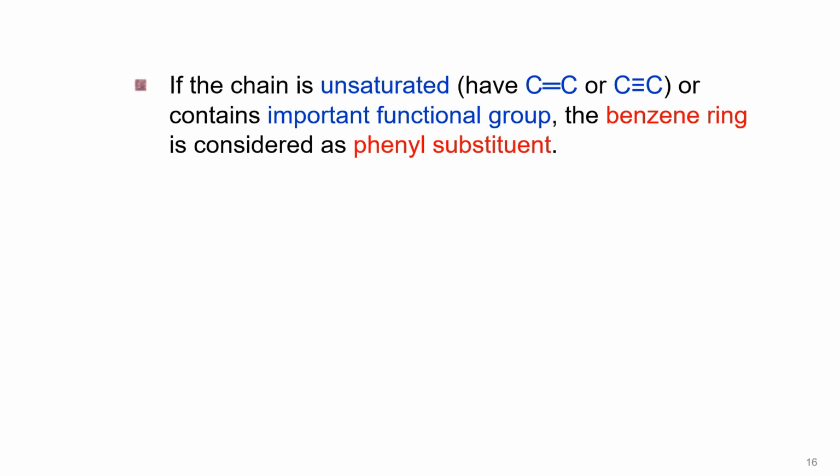If the chain is unsaturated, that is, has a carbon-carbon double bond or carbon-carbon triple bond, or contains an important functional group, the benzene ring is considered as a phenyl substituent. Look at this example. In this case, benzene is the substituent while the straight chain is the parent.